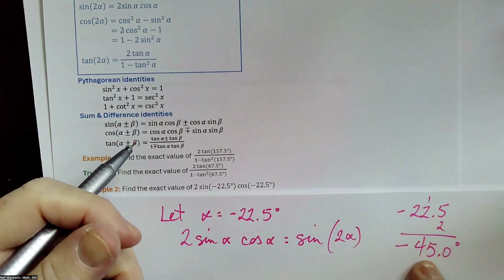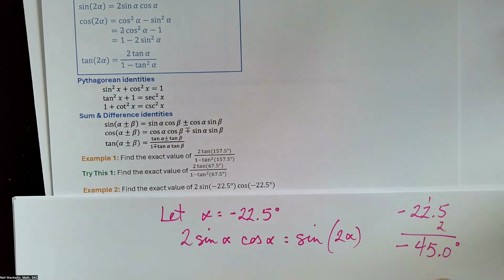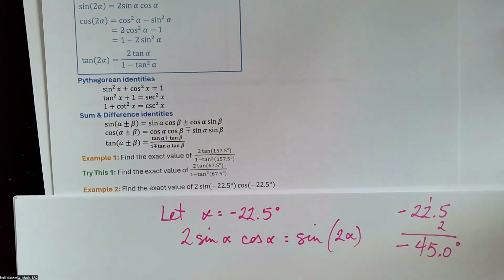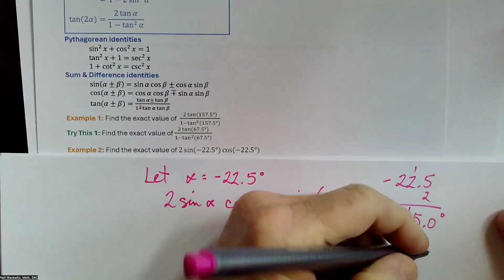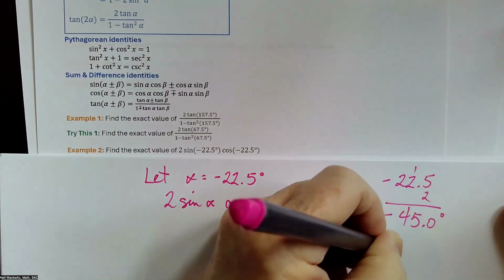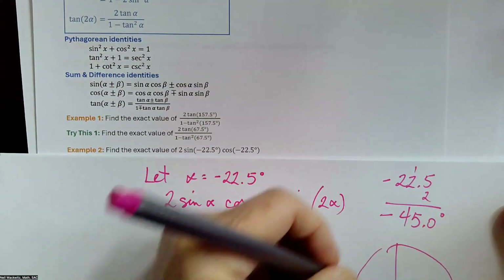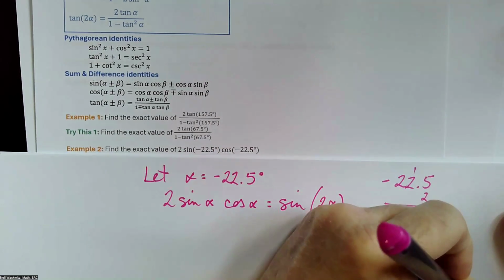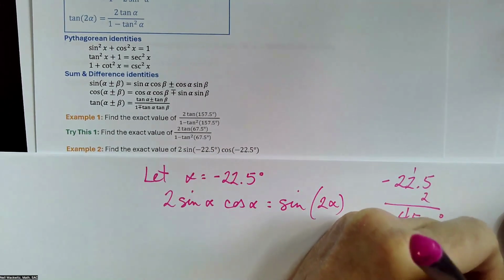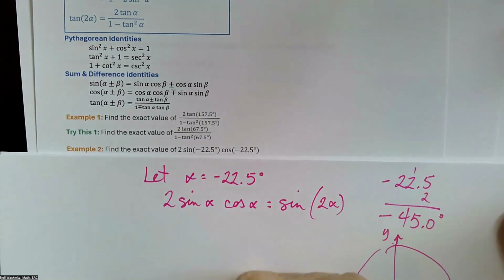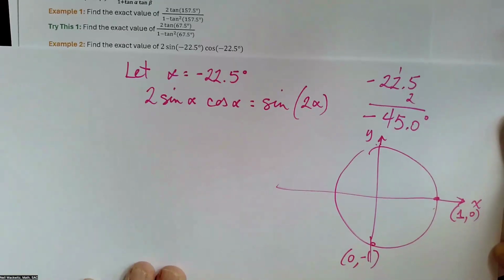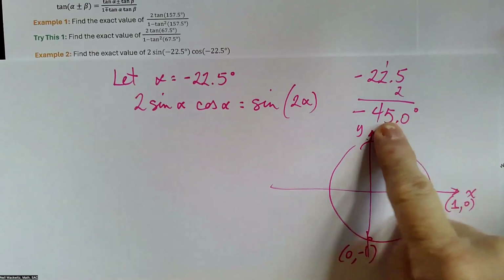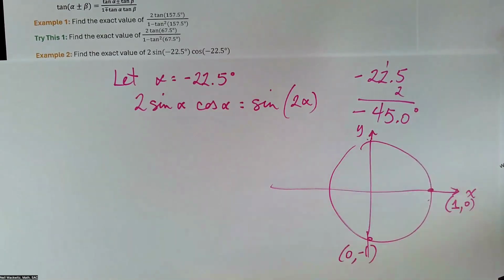Where does this angle live if it's a negative 45 degrees? Where are we on the unit circle? Which quadrant are we in?